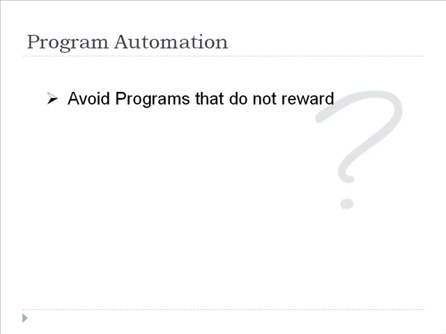Another thing you want to do is select programs that have plenty of pre-made tools and resources that can help you grow your business in the shortest possible amount of time. Not all affiliate programs have these capacities. Then you want to ask yourself, is the program automated? Check out whether or not the program has an automated system that allows you to check your referral statistics and compensation at any time.